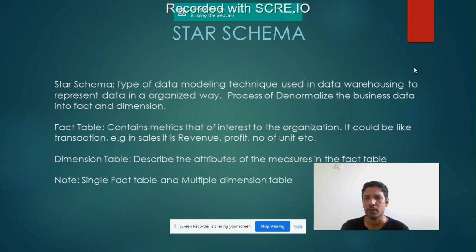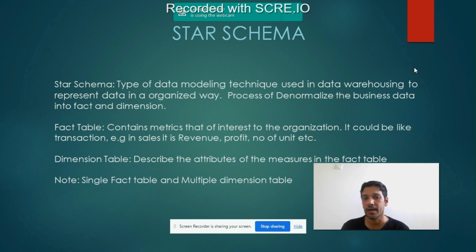So what is a fact table? A fact table contains metrics that are of interest to the organization. It could be transactions, for example, if you are doing any sales data analysis. In sales data, you have revenue, you have profit, you have the number of units sold.